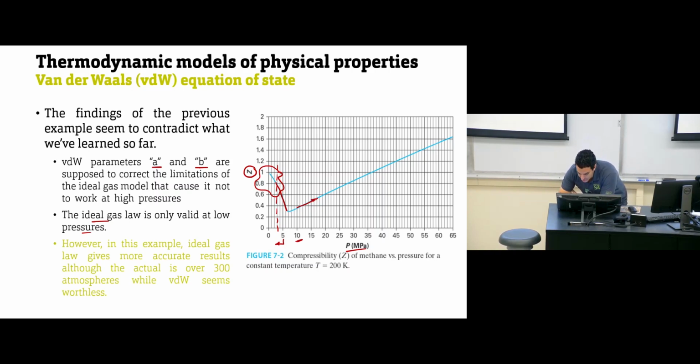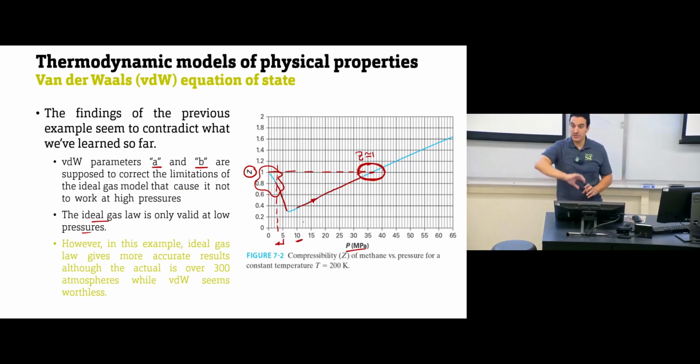When the value of Z starts to increase, at some conditions it becomes 1 again. So we have a range at extremely high pressure where the value of Z is close to 1.